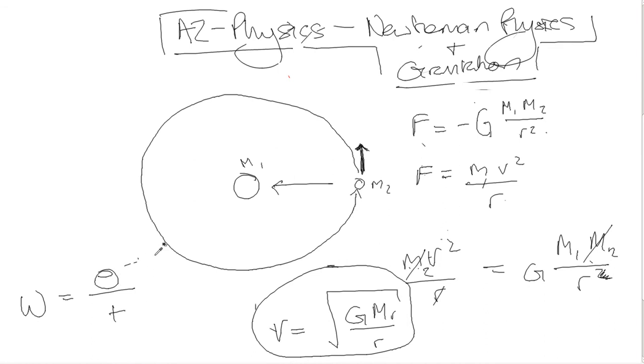And there's also a relationship between angular velocity and linear velocity, in the sense that linear velocity is simply equal to the angular velocity w multiplied by r, right? So if we rearrange this for velocity, we'd simply have v is equal to theta over t.